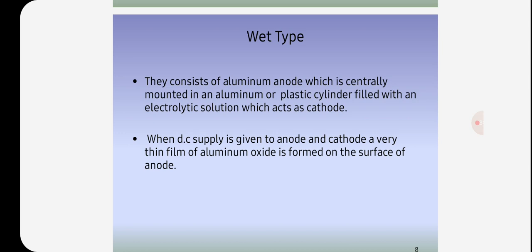When DC supply is given to the anode and cathode, a very thin film of aluminum oxide is formed on the surface of the anode.